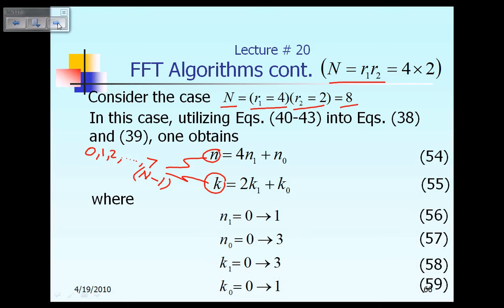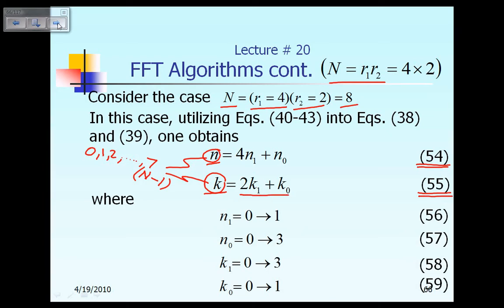However, the values of the small index n and the small index k can be given by equation 54 and equation 55. By the way, equation 54 is very similar to the previous chapter, corresponding to R1 equal to 4 and R2 also equal to 4. However, equation 55 here is slightly different and is given as k equal to 2k1 plus k0.